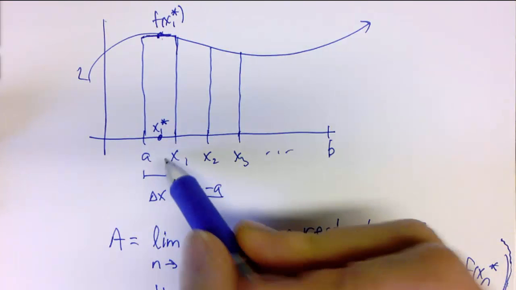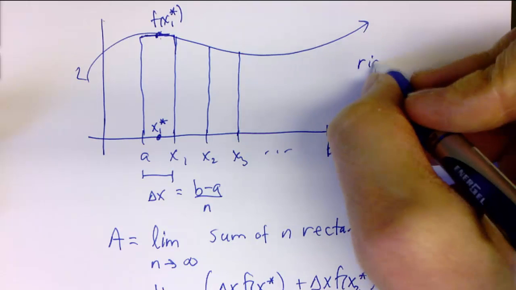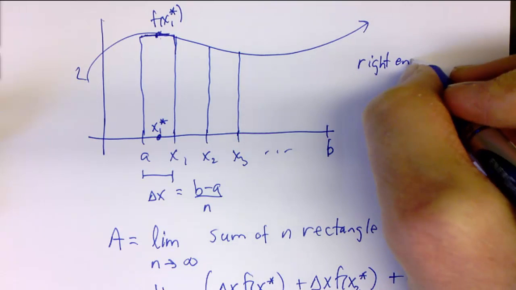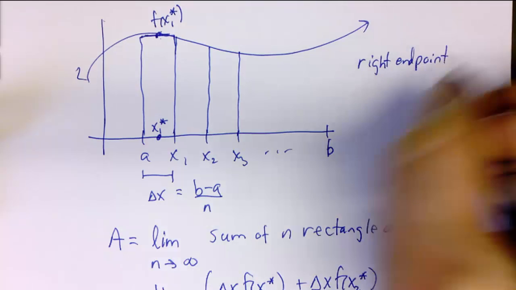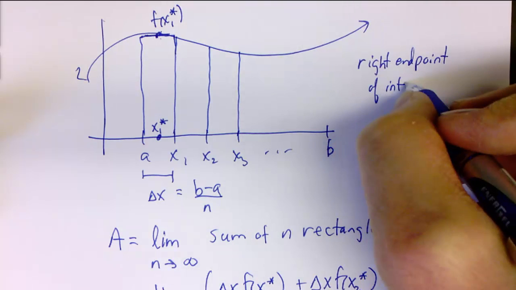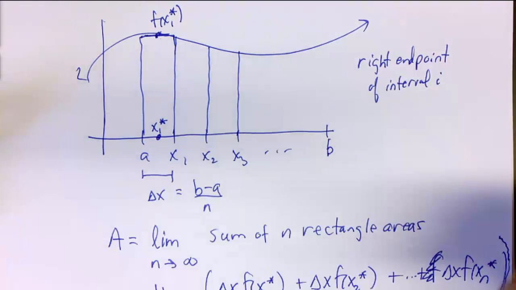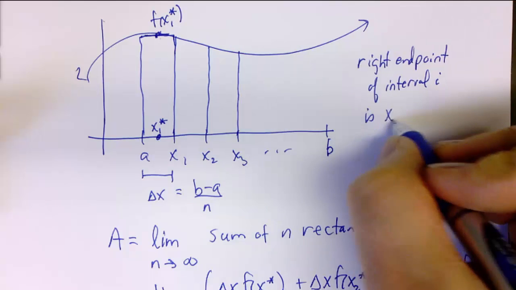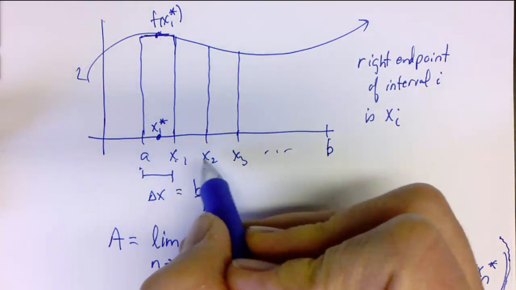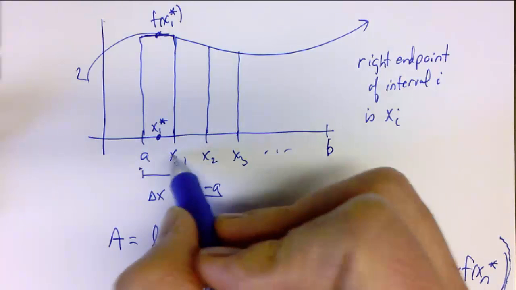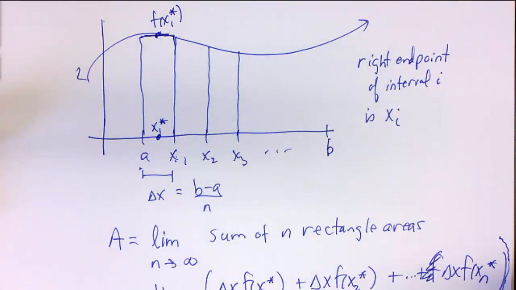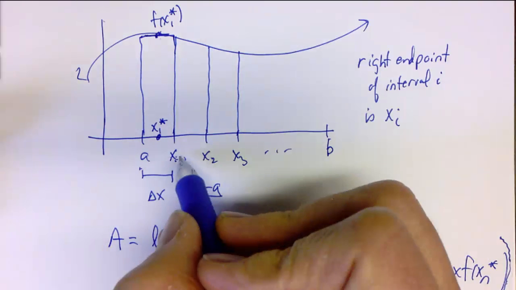All right. So how do I get these right endpoints? Well, the right endpoint of interval i, so the first, the second, the third, and so on, is just x sub i. We start with x0, x1, so the right endpoint is x1, the right endpoint of the second interval is x2, and so on. And how do I get to the ith point?